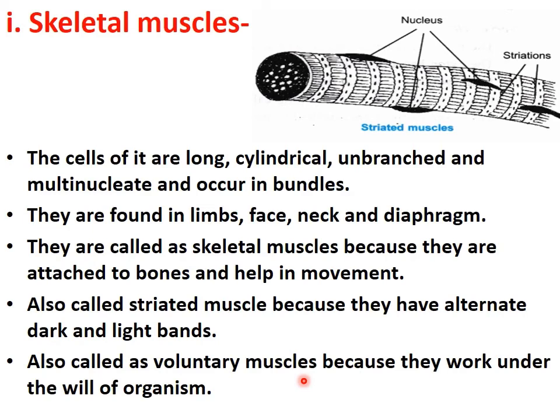It means it is under our own control and works according to our own will. That is why these are voluntary muscles. Like the heart, which is not in our control, it has involuntary muscles. But these are voluntary muscles. So skeletal muscles are also called striated muscles and also voluntary muscles.